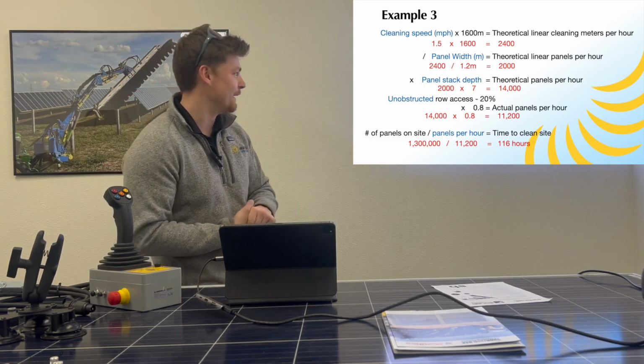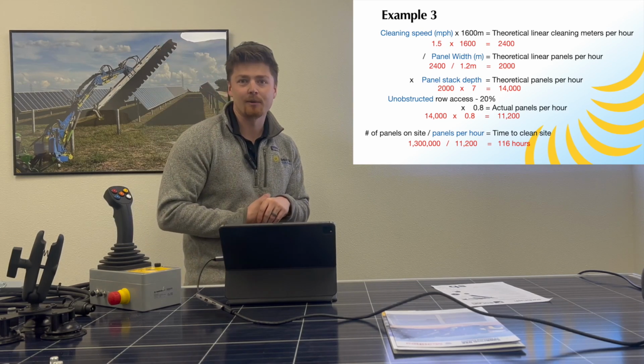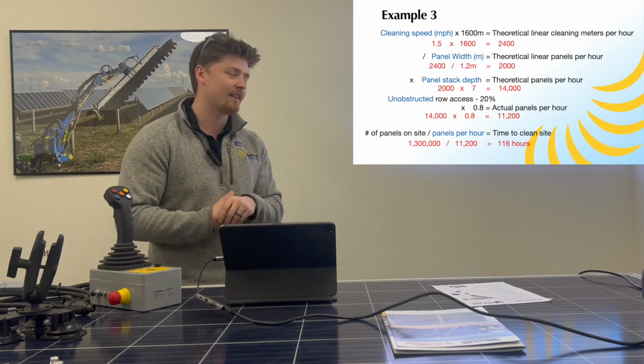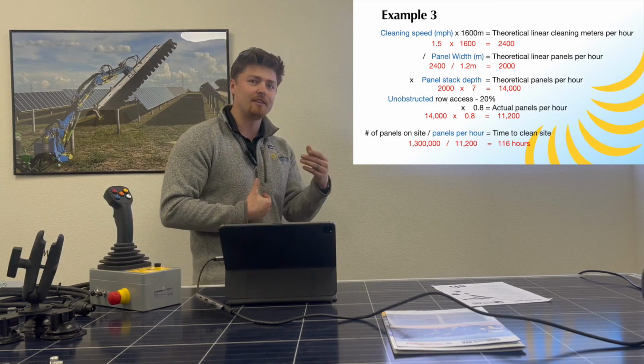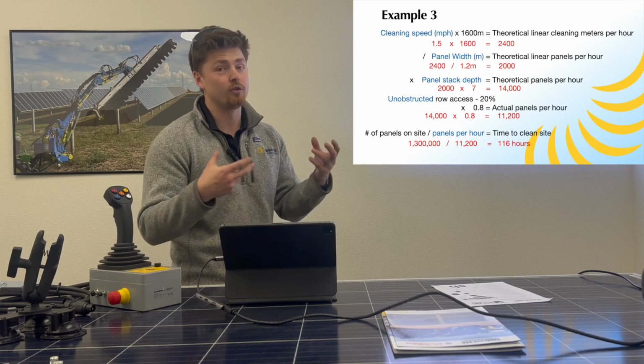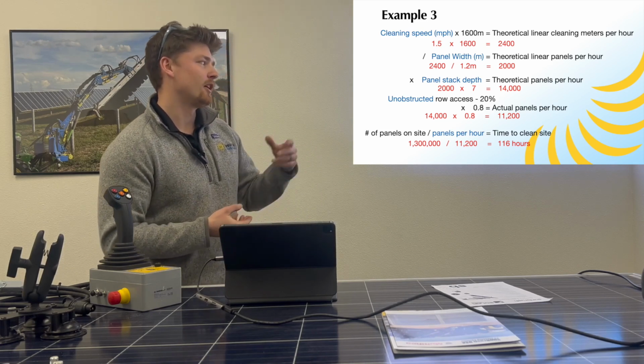Of course, 1.3 million panels divided by 11,200 is 116 hours. Interestingly, we've got a much bigger site in terms of panels than the previous example. But the previous example, which was only 220,000 panels, took 230 hours, whereas this one with 5 times as many panels is 116 hours.